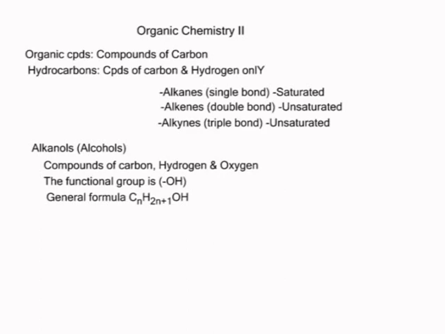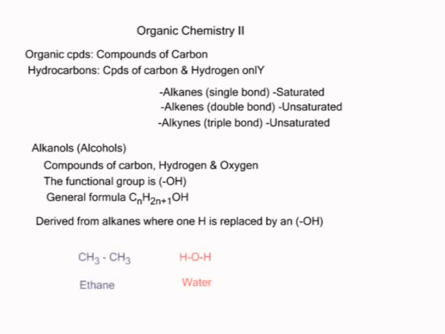You could look at alkanols as derivatives of water and hydrocarbons, whereby one hydrogen atom in, say, an alkane is replaced by an OH group from water. For example, if I have ethane there, and then I have a water molecule on the other hand, suppose the ethane loses one hydrogen, it forms an alkyl that we call ethyl, and water loses one hydrogen atom and it forms a hydroxyl group.